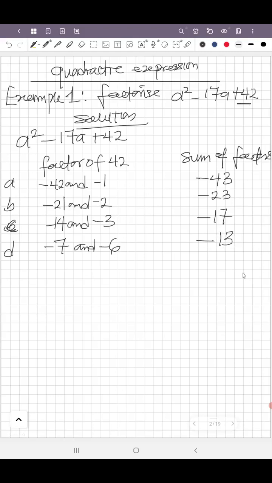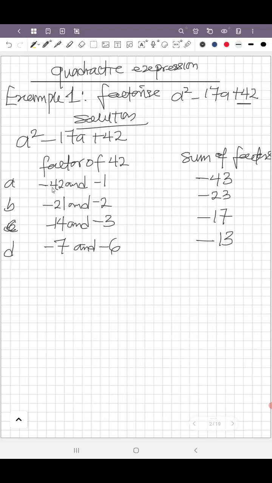So what prompts us about the factors and the sum of the factors? The first thing to consider is, the moment you had minus 42 and minus 1, you have to find the one that equals minus 17.